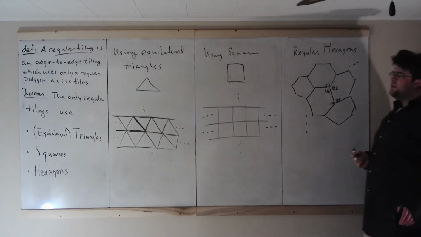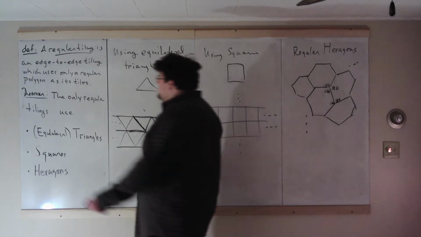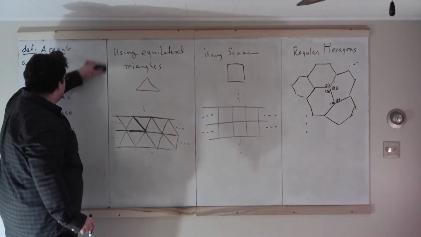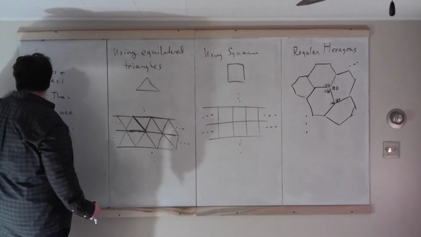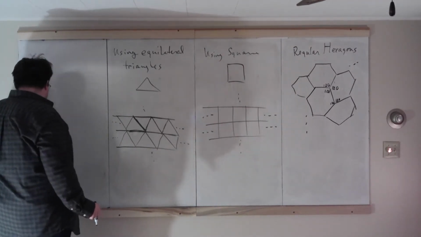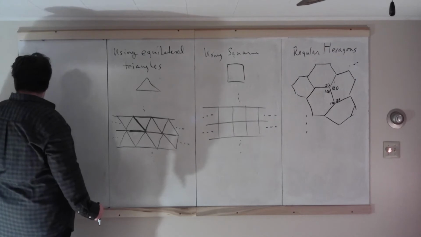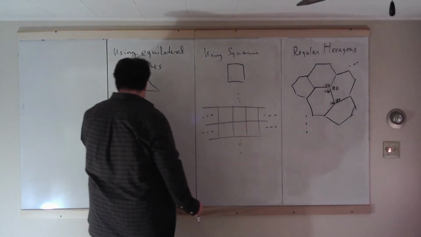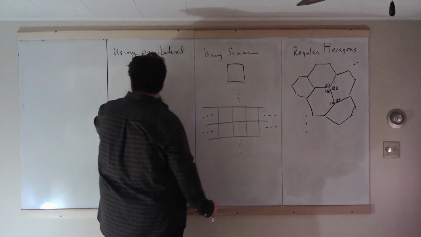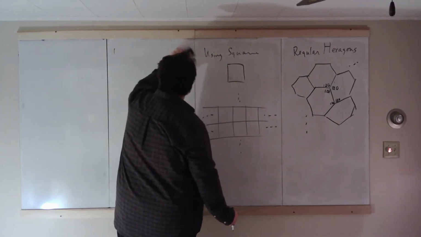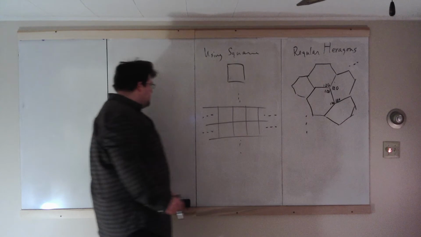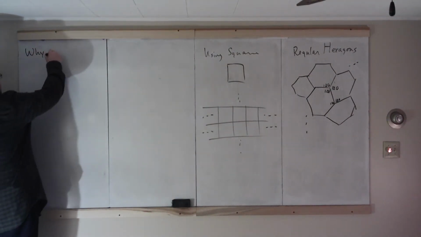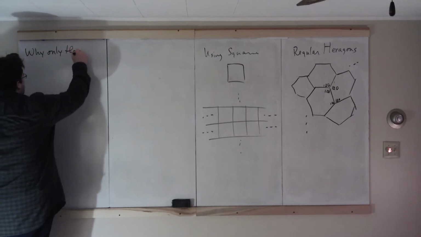So you can get a tiling using regular hexagons, an edge-to-edge tiling using regular hexagons. So right here, we have the 3 regular tilings. What about the other shapes? So, in other words, why only these 3?